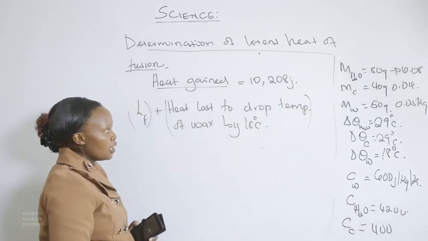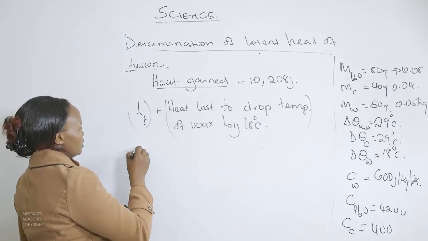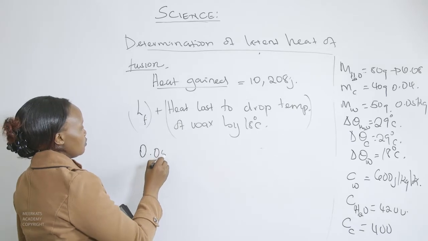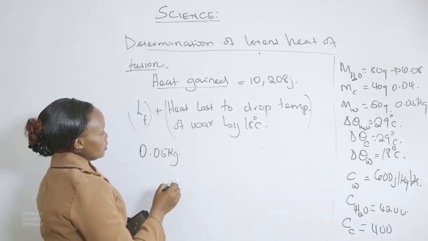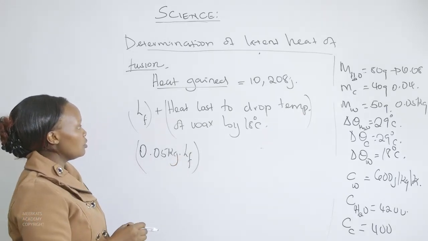Now, our latent heat of fusion is given by mass, which is 0.05 kilograms, multiplied by the specific latent heat of fusion.